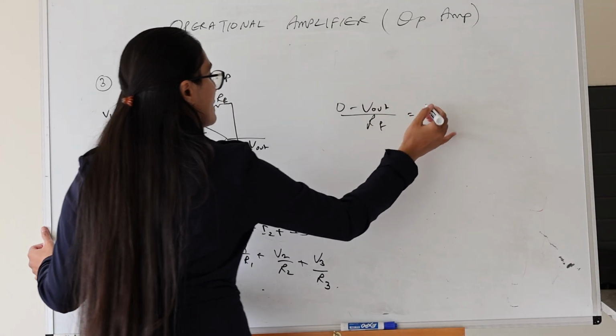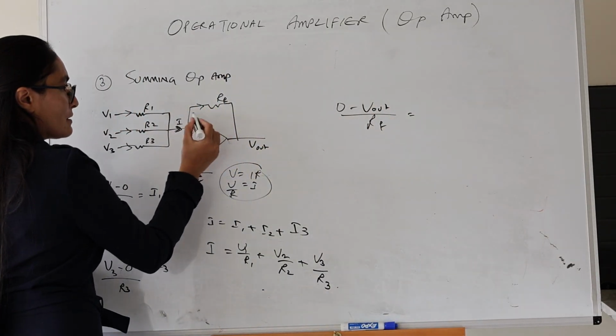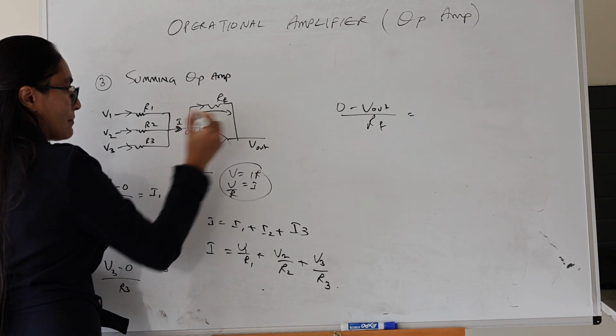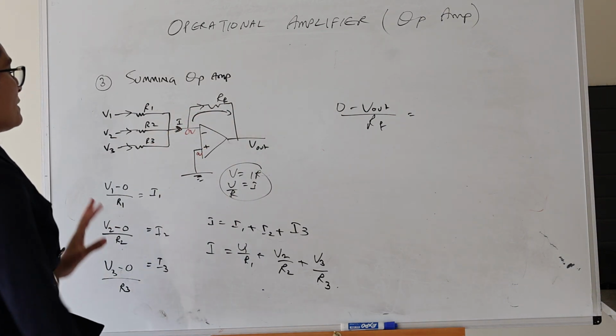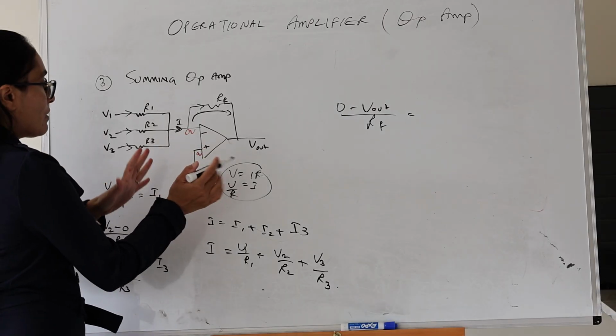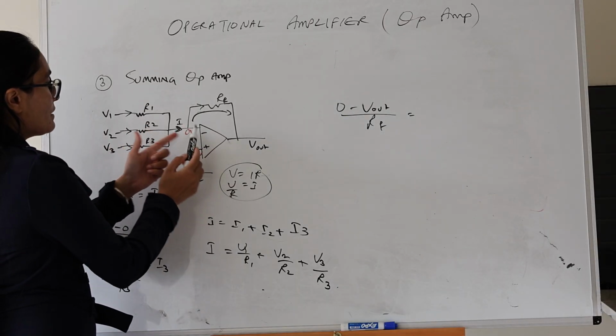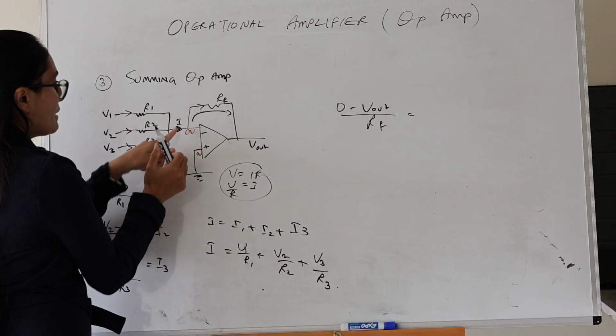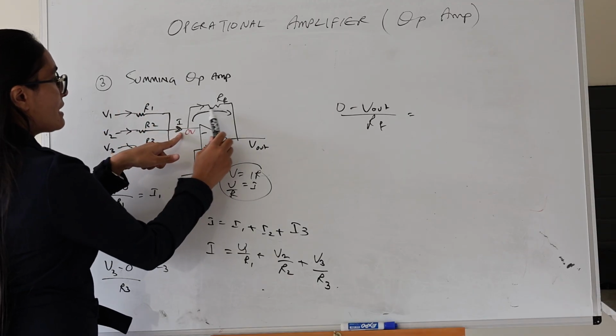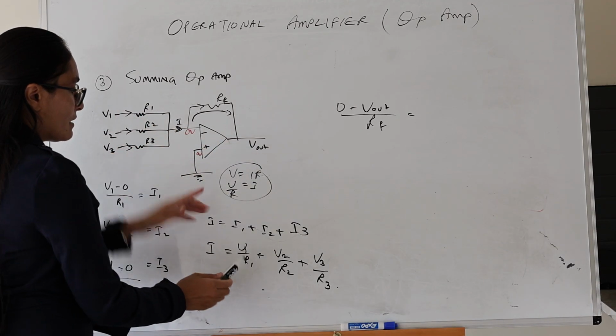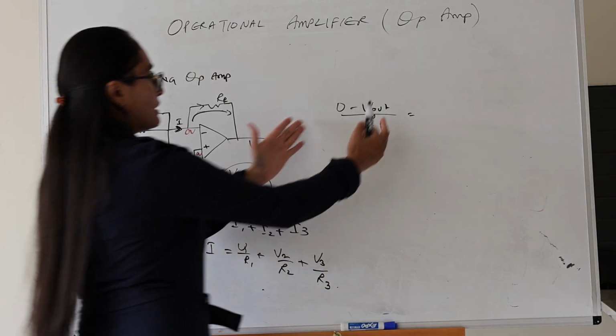So this is the current that is flowing through this. But we have already said that no current flows through here. So whatever current is flowing from here to this point, the same current flows out. Therefore, this must equal that.